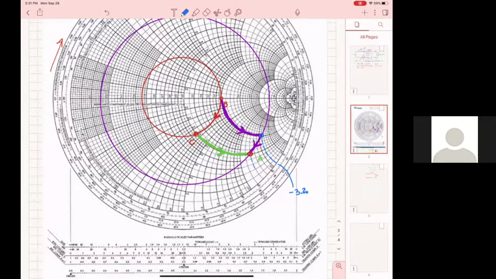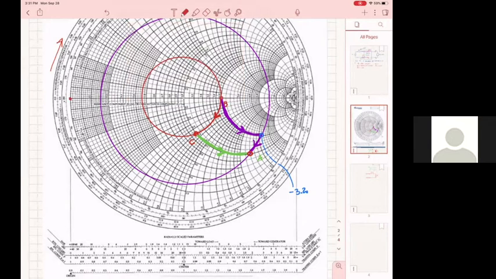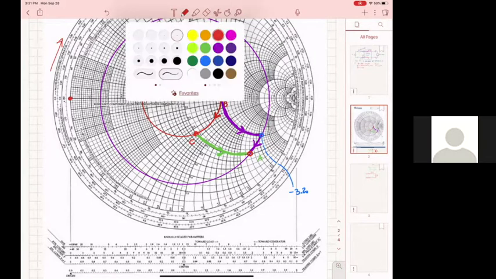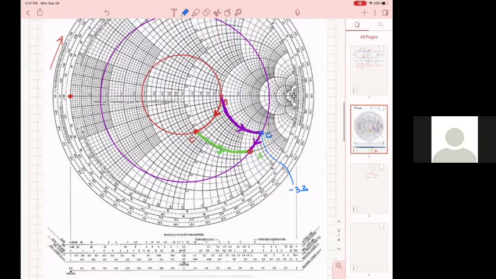Excuse me, no. I have to move from the reactance of B, which is 0 here, red, to the reactance of this point C, which is right here.